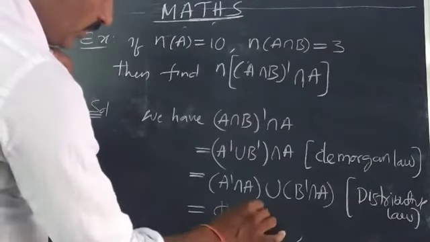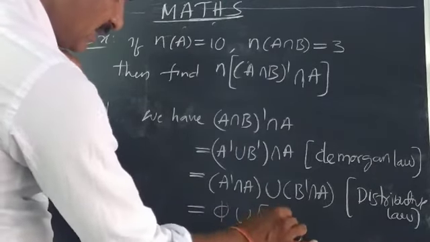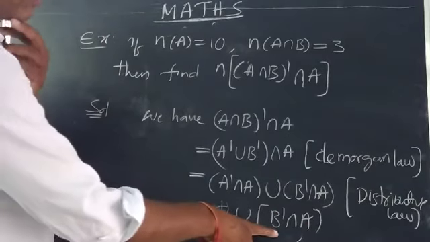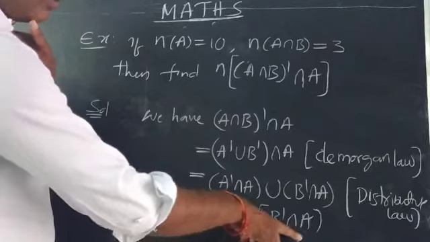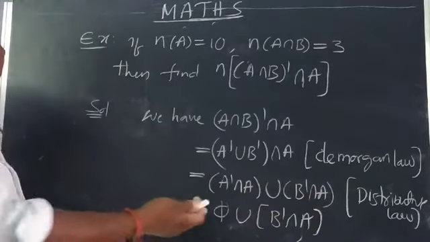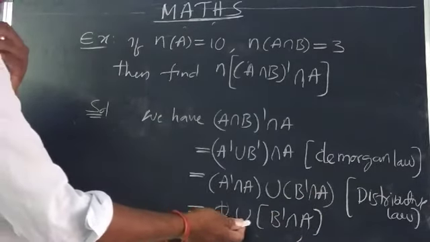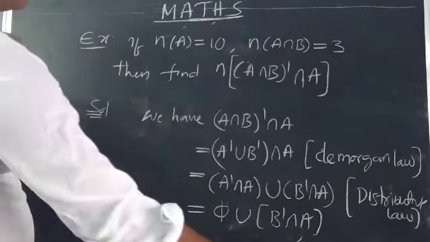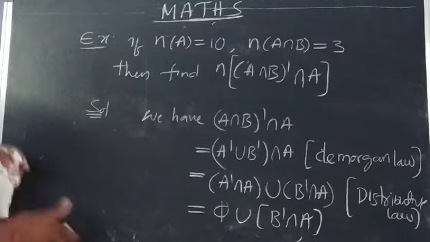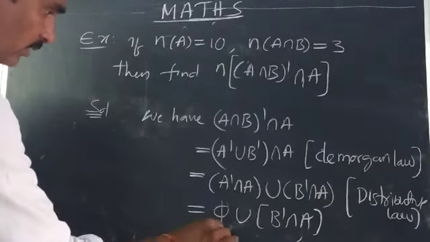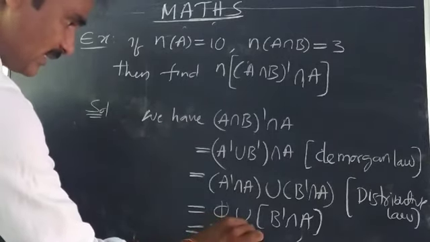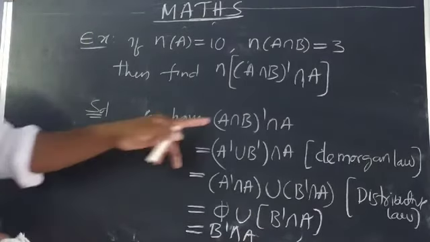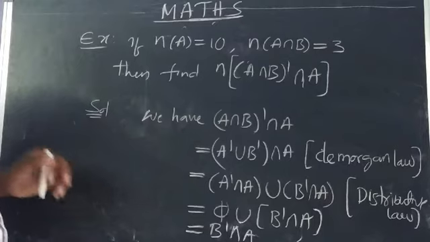Empty set union B dash intersection A. The union of an empty set with any set gives that set. Now what we got is equal to B dash intersection A. This expression is simplified as B dash intersection A.